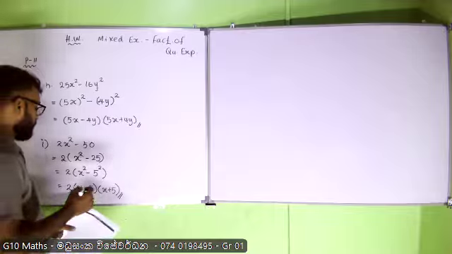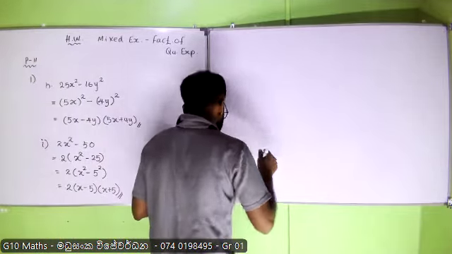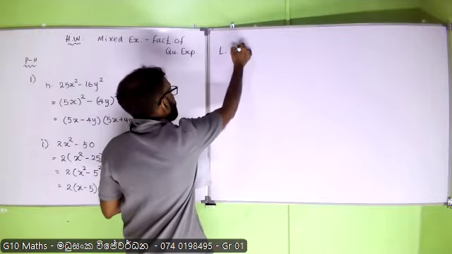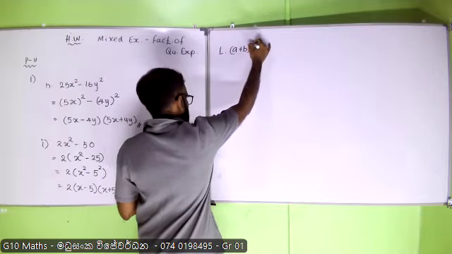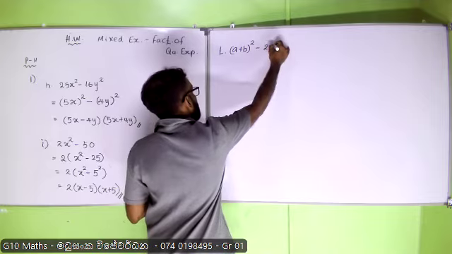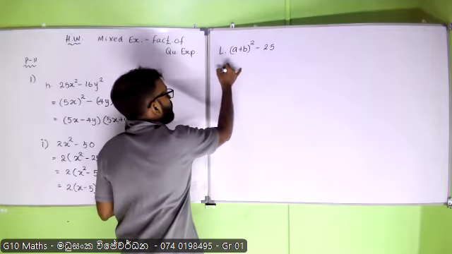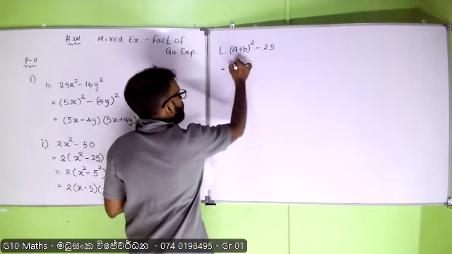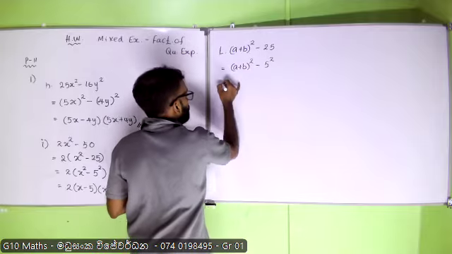Then I will do L. (a plus b) to the power 2 minus 25 equals (a plus b) to the power 2 minus 5 to the power 2.